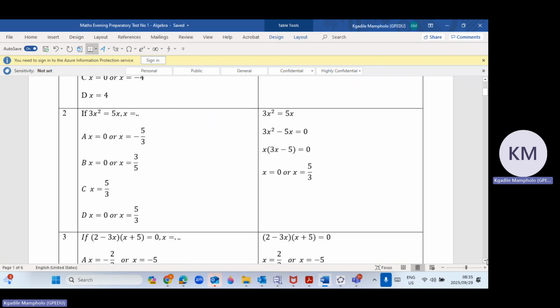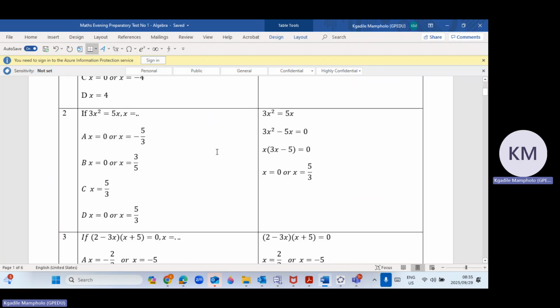Question 2. Another mistake that we see learners making is dividing both sides by x. If you have a question like this one, you have 3x squared plus 5x. Learners, you can divide both sides if there's a common number, a common numerical factor.